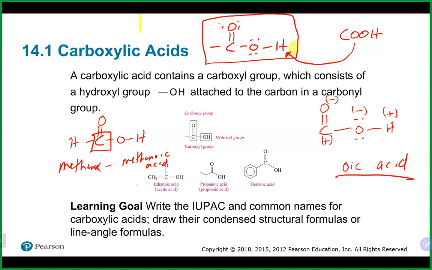This is ethanoic acid, which has 2 carbons attached to it. This has 1, 2, 3 carbons, which is based off of propane, which would make it propanoic acid. And this has our benzene ring attached to it. Remember, it's got those double bonds in there, which does not make it a cyclohexane, but a benzene ring. So that is what's known as benzoic acid.